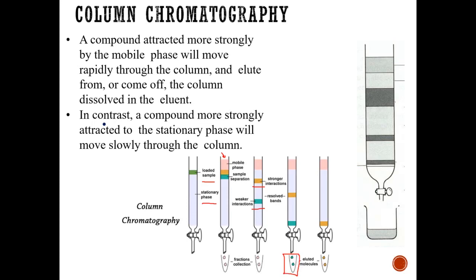After that, the stronger interaction sample will be eluted after some interval, and that is also collected for purification and further analysis. So we have seen the difference between strong interaction and weaker interaction with the adsorbent phase.